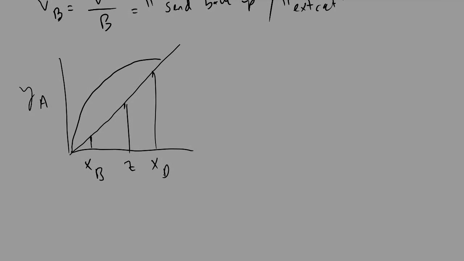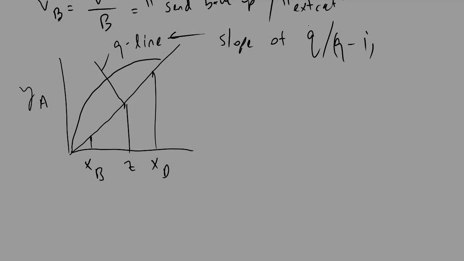And on our McCabe Thiele diagram, we will have typically 3 lines. And this line is called our Q line, or a quality line. And the quality line will have a slope of Q divided by Q minus 1 quantity.